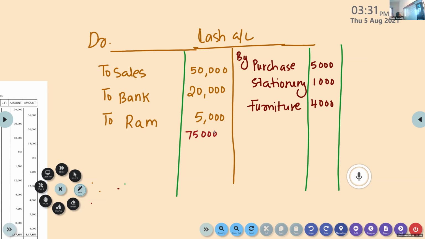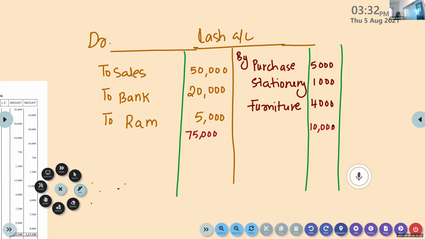Coming to the credit side, what is the total? 10,000. Okay. So this is the first step. We have found out the totals.